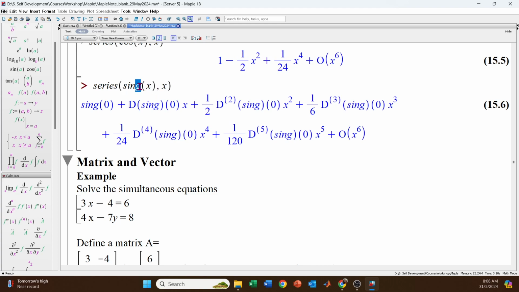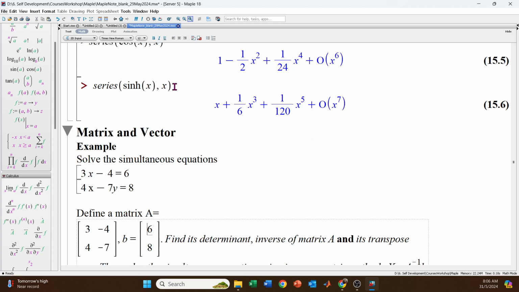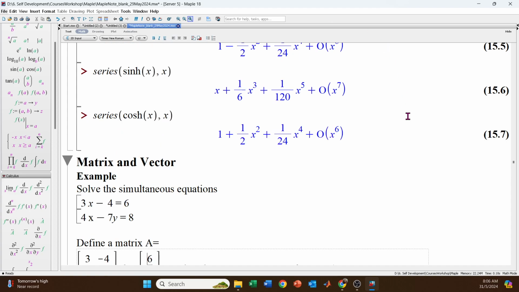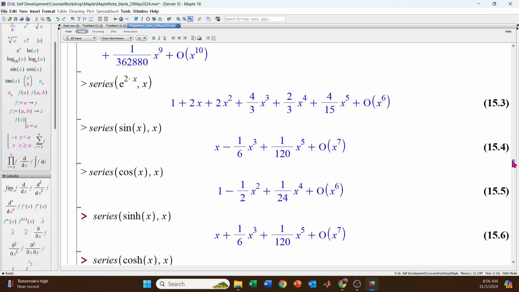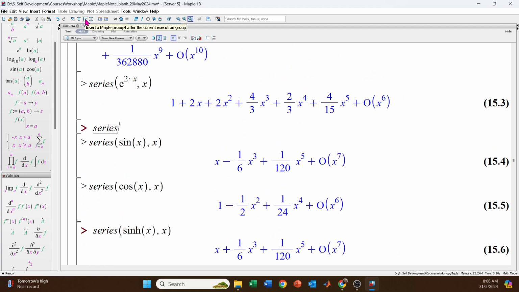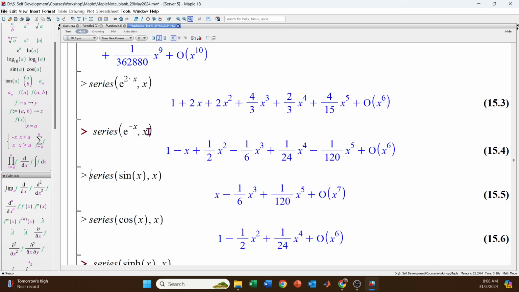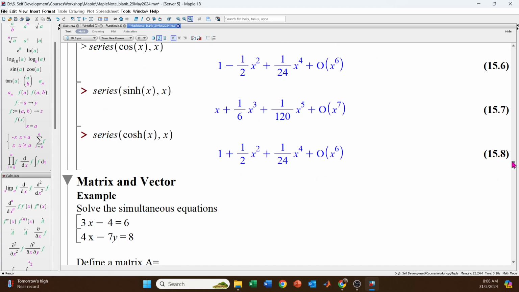Sorry, sin, hyperbolic sin. If you want, let's say series of exponent negative x. So series is used to get the power series expansions.